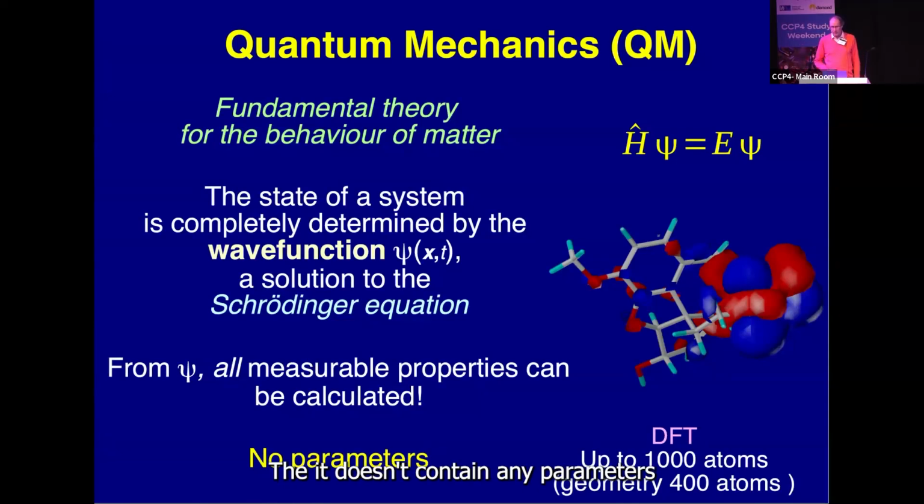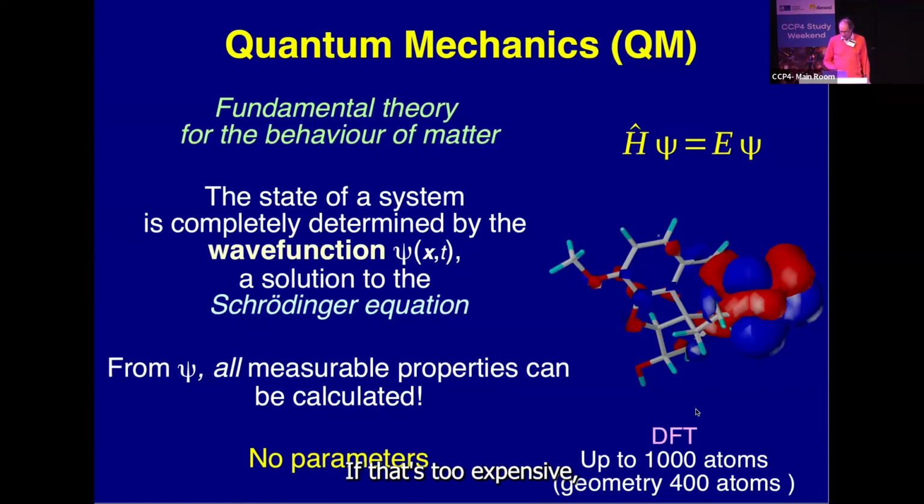It doesn't contain any parameters, but you cannot solve it exactly for anything bigger than one electron. You can solve it approximately, and the current favorite method is DFT, density functional theory, for which you can use up to, say, 1,000 atoms, or for geometry optimization 400 atoms or something like that.